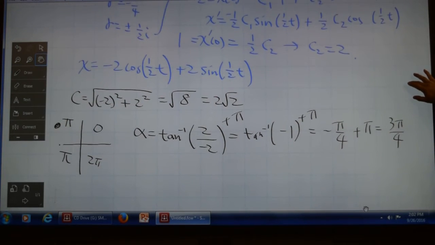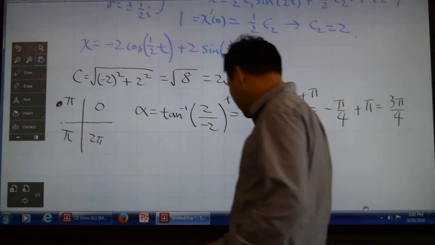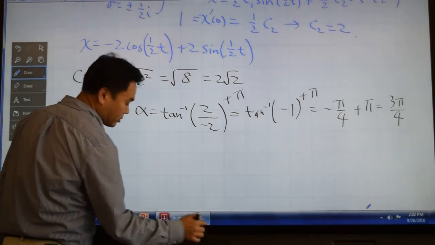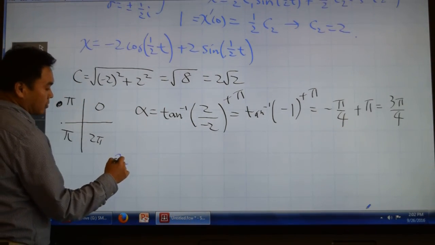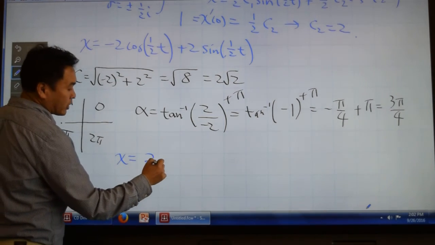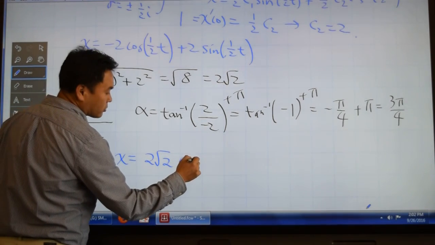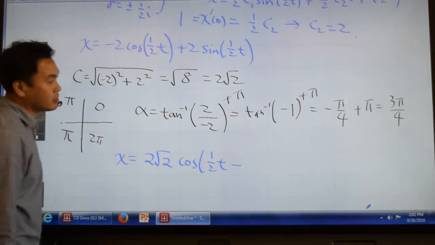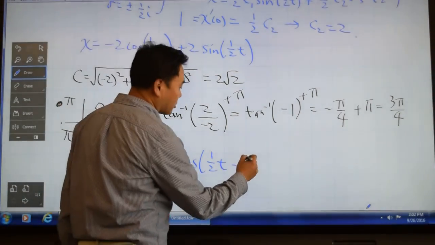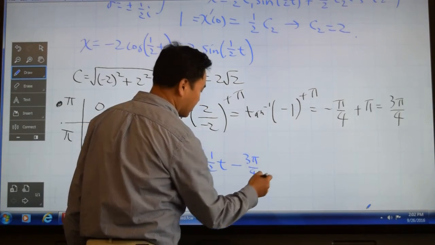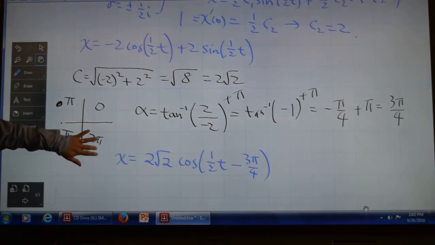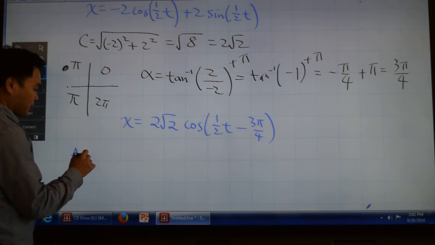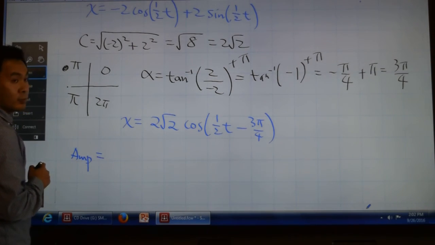After getting your C, you can finally say that the answer is x equals 2 radical 2 cosine of 1/2 t minus alpha, where alpha is 3 pi over 4. From this example, the amplitude is 2 radical 2.